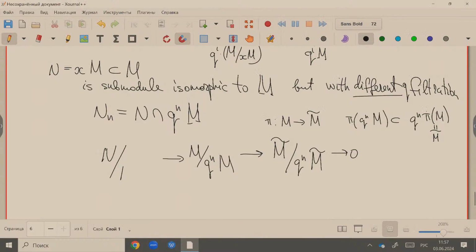And so you have a map to M tilde modulo Q^n M tilde. And this is just N modulo N intersection with Q^n M.